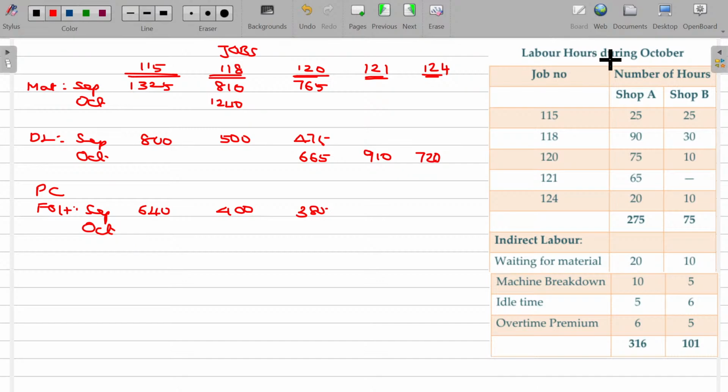And labor hours during the October month is given. For 115, number of hours in shop number A 25, shop number B 25 is there. But I need to know what is the hourly rate.